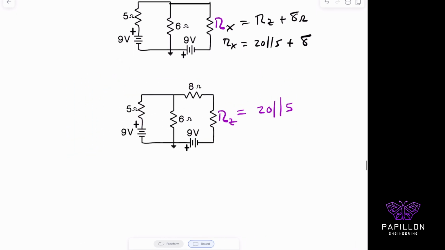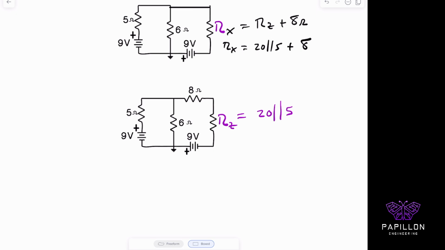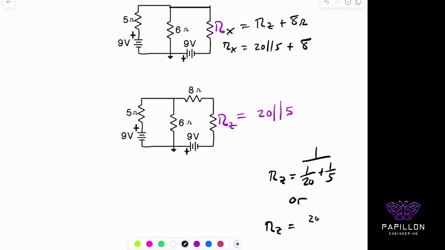To figure out what my 20 by 5 is going to equal, we know that RZ equals 1 over 1 over 20 plus 1 over 5. Or I can also say that RZ equals product over sum, which is much faster and the same thing, which is going to be 20 ohms times the 5 ohms over 20 plus 5.